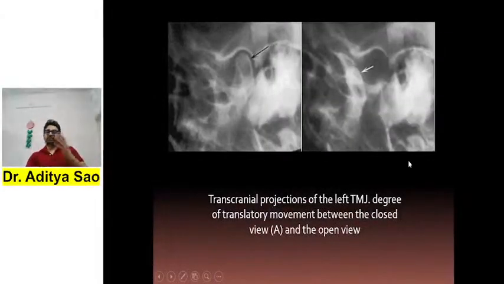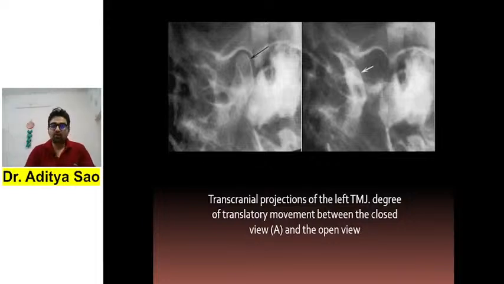Okay, a question comes: which view has three positions, like open, closed, relaxed? Answer: the transcranial view has three positions, that is open, closed and relaxed.